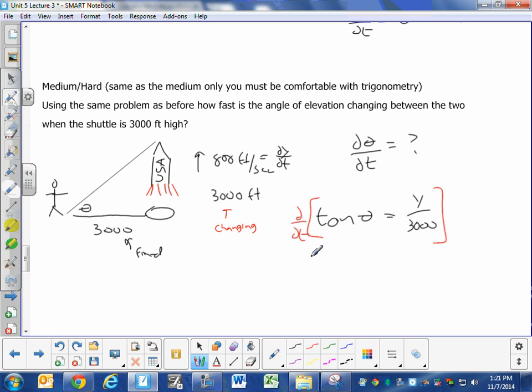The derivative of tangent theta with respect to t, let's think of the chain rule, is the derivative of the outside, leave the inside, times the derivative of that theta. There's that d theta/dt that I need to be able to find. Now over here, I'm just going to go ahead and make this 1 over 3,000 dy/dt. That's simple.